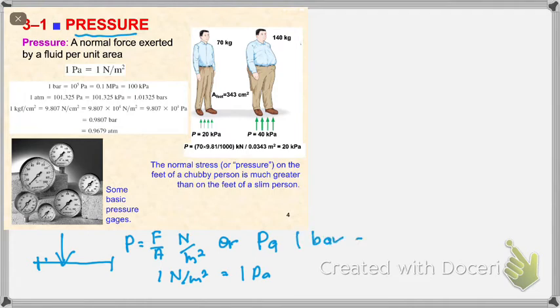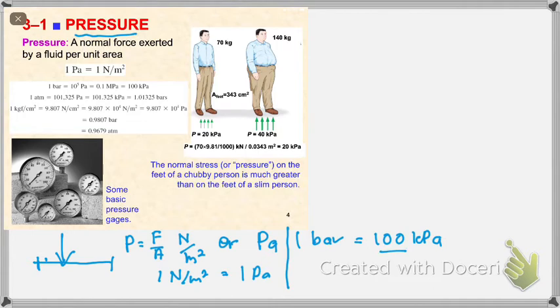So 1 bar is equal to 100 kilopascal. If the question gives you the pressure in bar, then change that to kilopascal by multiplying the value by 100.